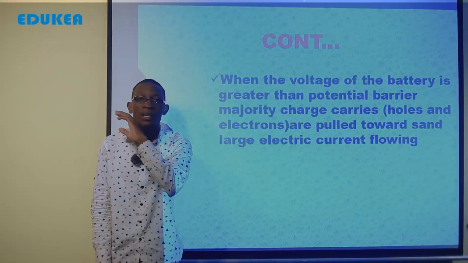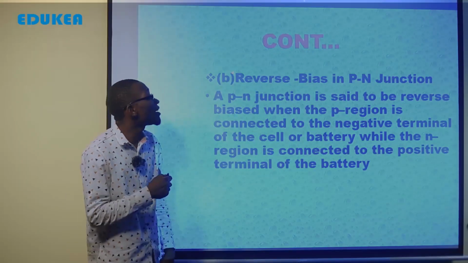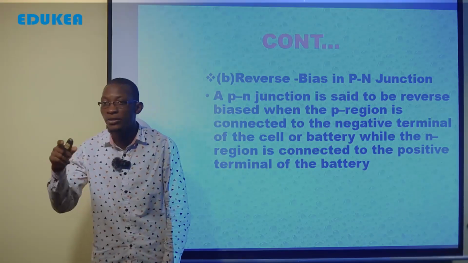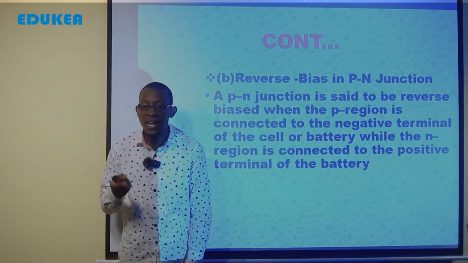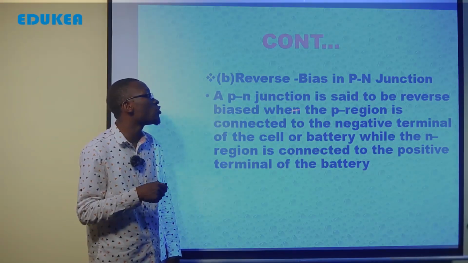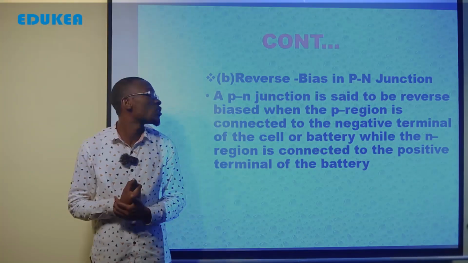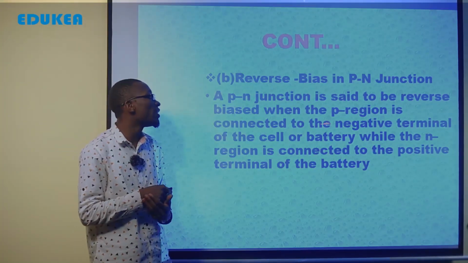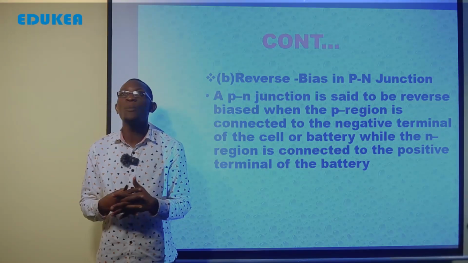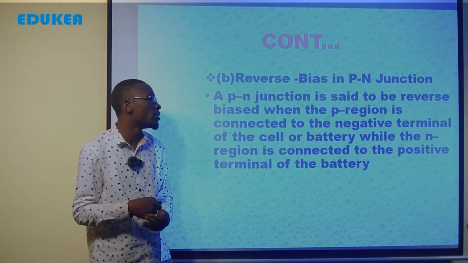Okay, another type of biasing is reverse bias in a PN junction. Kwa hiyo kuna reverse bias katika PN junction. A PN junction is said to be reverse biased, kwamba hii PN junction tunasema kwamba inaundergo reverse bias when the P region is connected to the negative terminal of the cell or battery, while the N region is connected to the positive terminal.